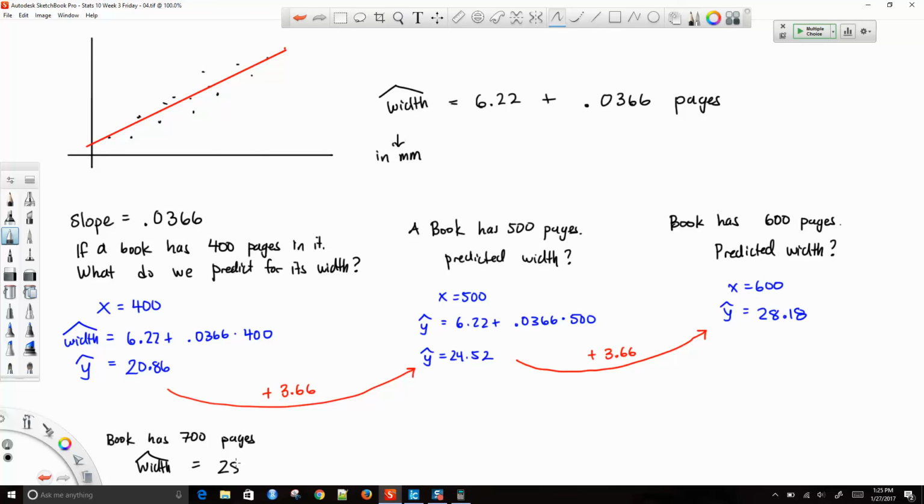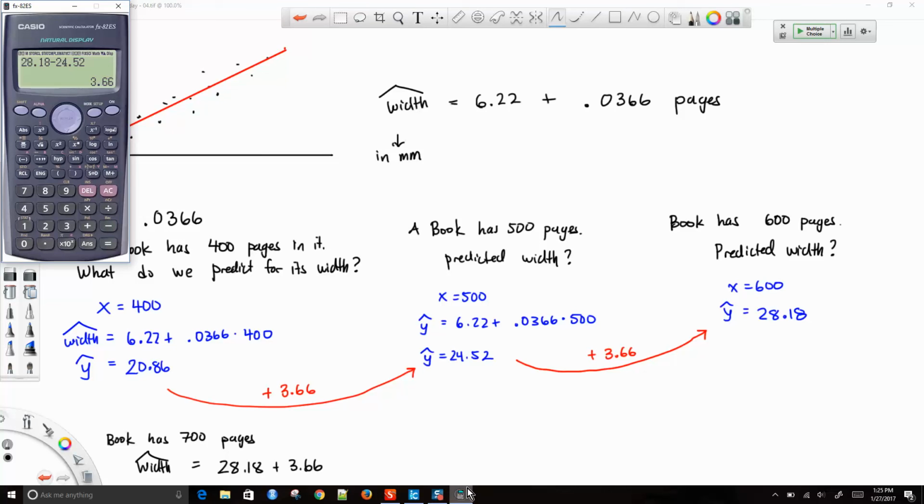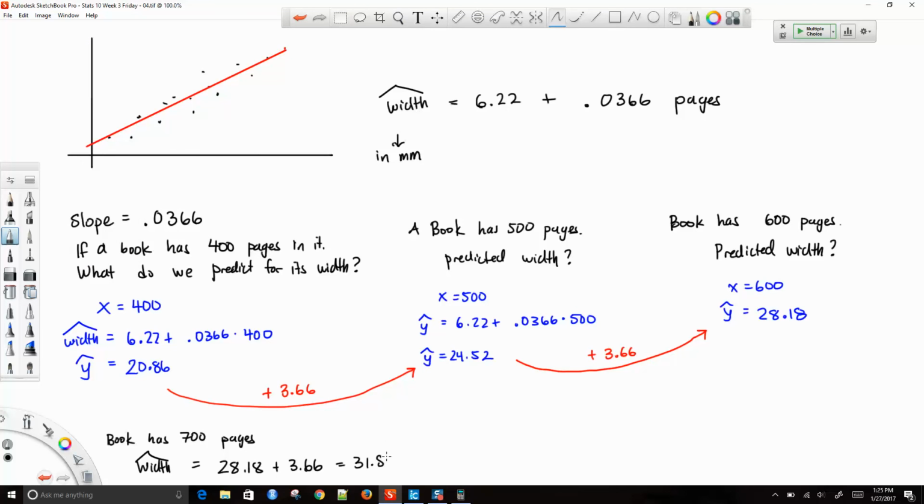We do 28.18 plus 3.66. So my answer there, 31.84. Okay, no multiplication needed.